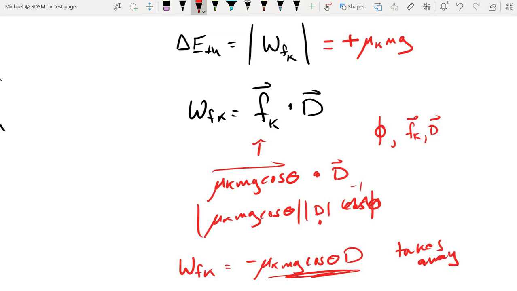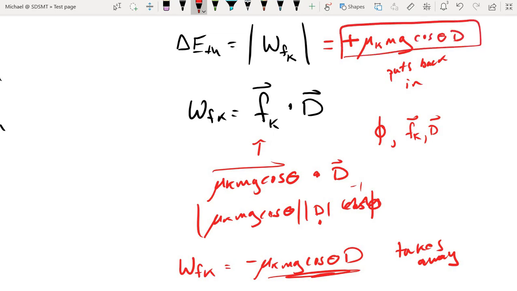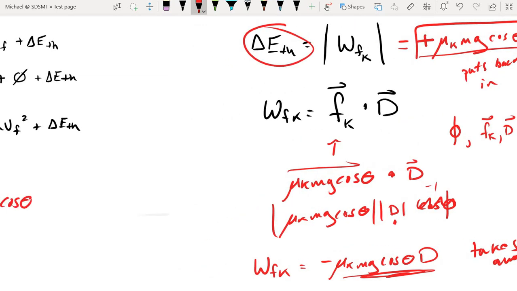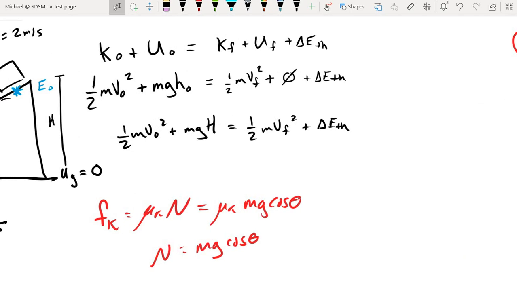That's the minus sign. Thermal energy, we're going to put that back in. So it puts back in mu k mg cosine theta d. All right, there is the thermal energy that has been generated for this system.